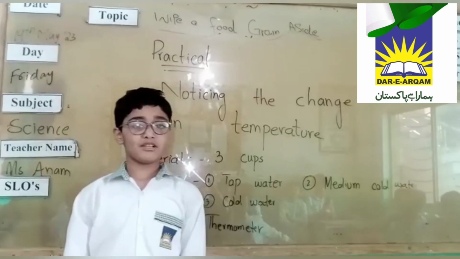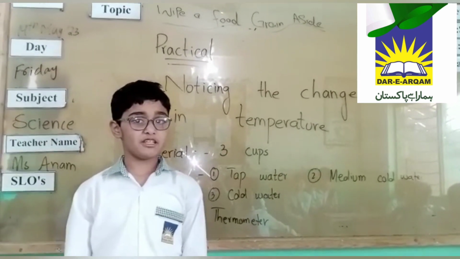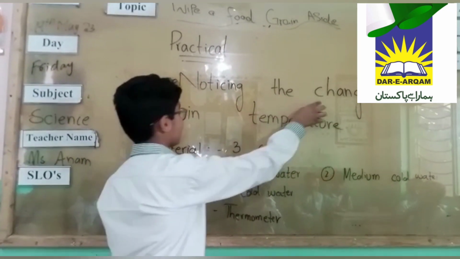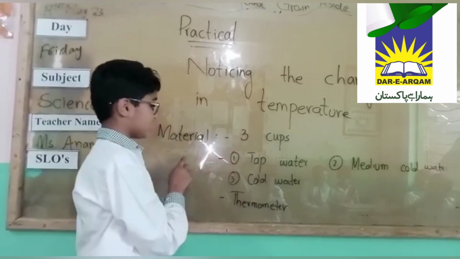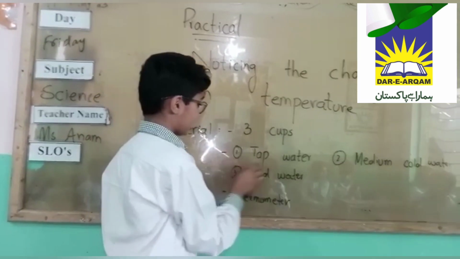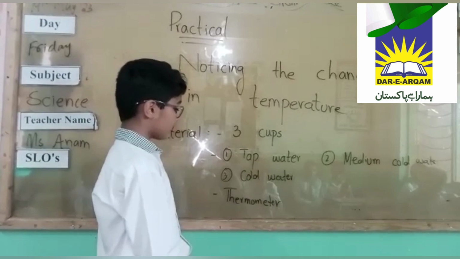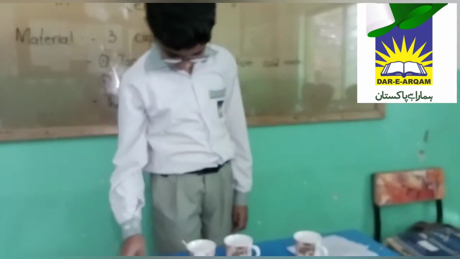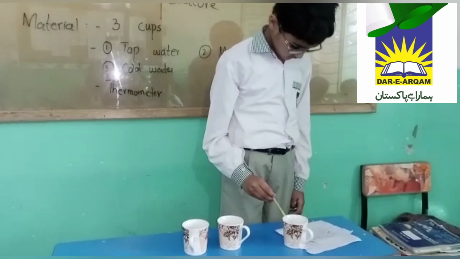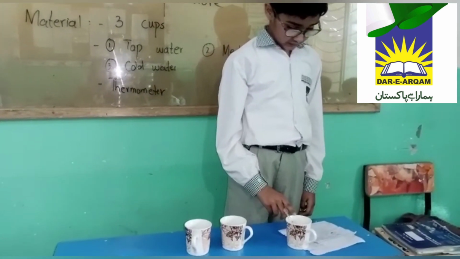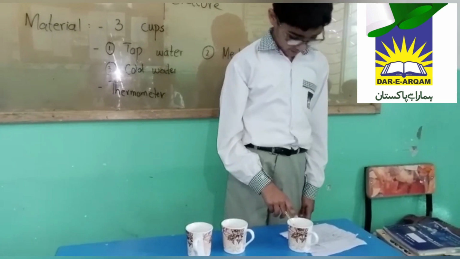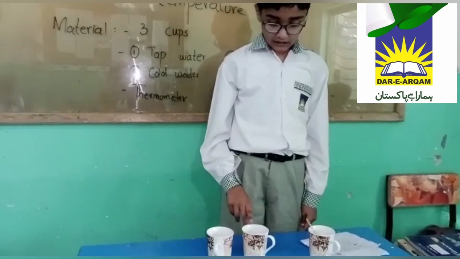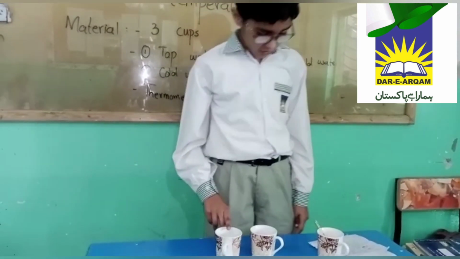Thank you. My name is Mohammed Rush and I am from class 5B. Today our practical is noticing the change in temperature. Material: 3 cups, first tap water, second medium cold water, third cold water, and thermometer. First cup is tap water, second cup is medium cold water, third cup is cold water.